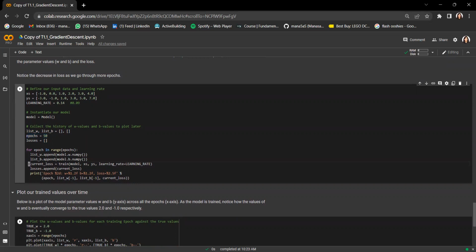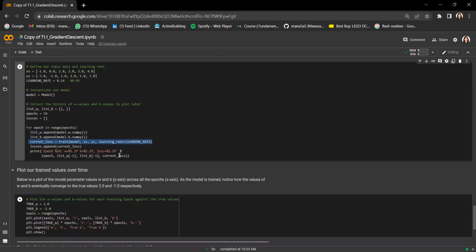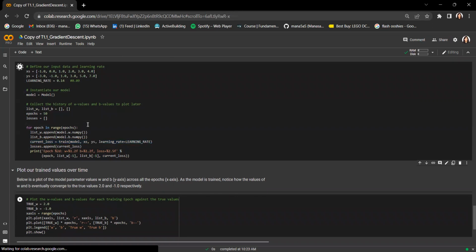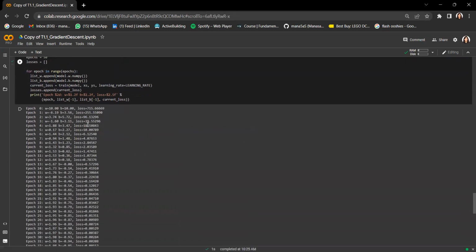So for every step, we essentially run this train function, which is calculating the loss between our predicted Y values and the ground truth Y values. And using that loss, it's calculating the gradients and updating our W and B values. So this happens iteratively. So let's run the cell.